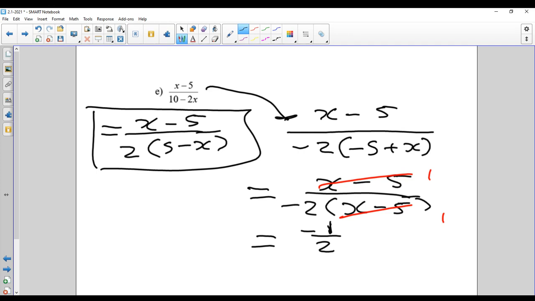I guess I shouldn't say it that way because there is one restriction still, and that's what you were talking about. The one value of x which is restricted is 5. So put anything else you like in here except the one restriction, and you're going to get minus a half.